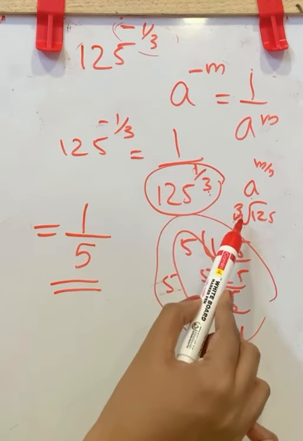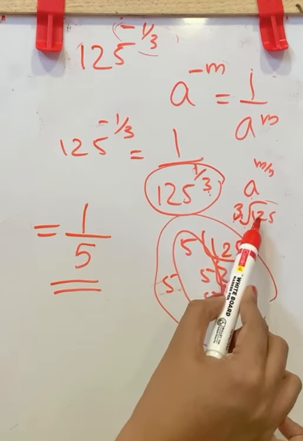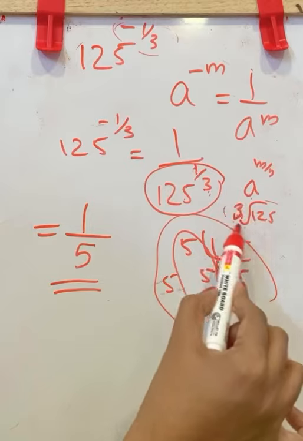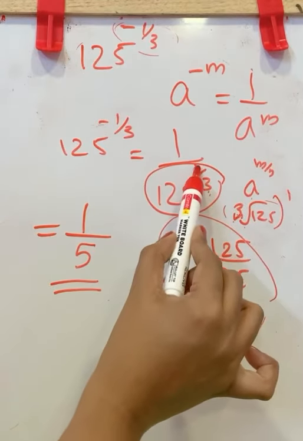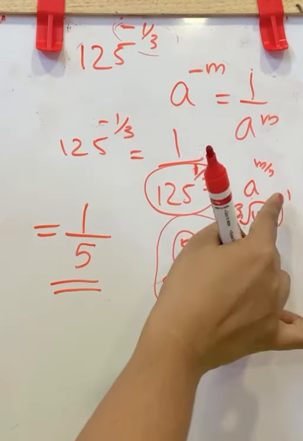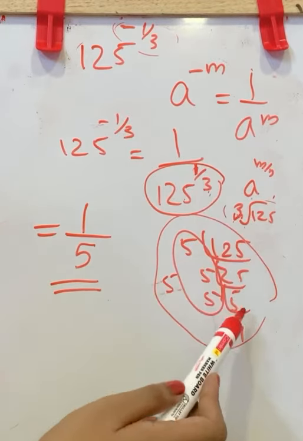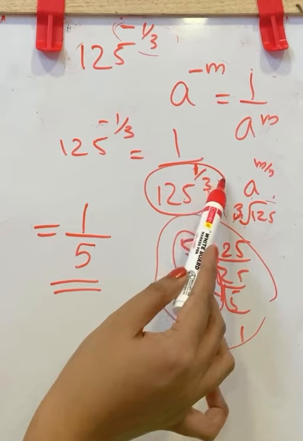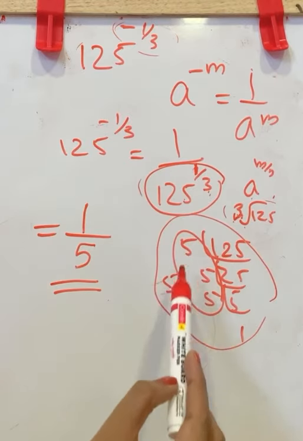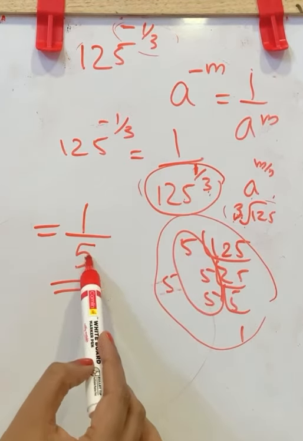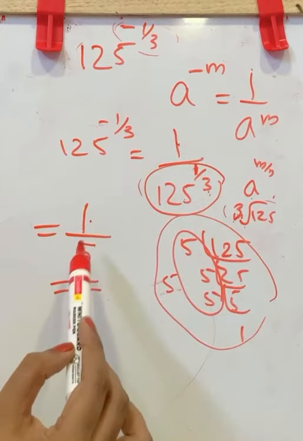Here it is 1 by 3. So we are taking cube root of 125; raised to 1 is there, but since it is 1, you don't want to write it. Now cube root of 125, we find the answer. So for this denominator, the answer is 5. That is here written, this 1 is here, 1 by 5.